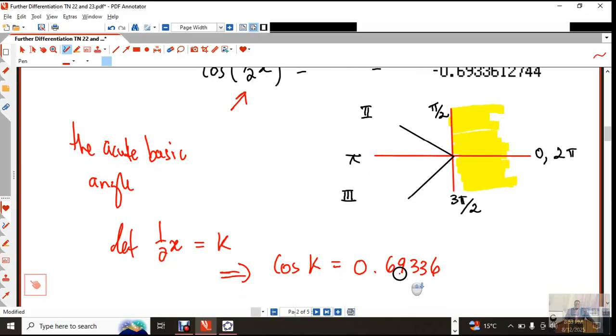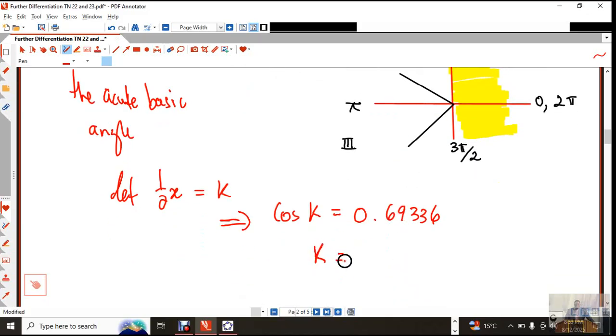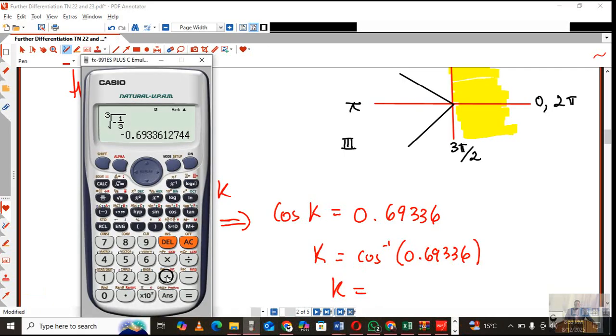And I'm going to find the inverse cos, the inverse cosine of 0.69336 and so on. This is going to give me that value of k. Let me work with the exact value.